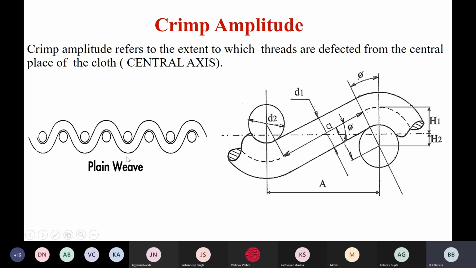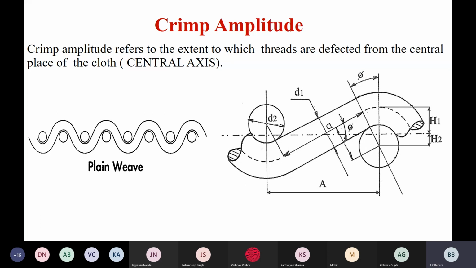Another example in this diagram, you can better understand. If the crimp is more and I want to compress this cloth, compression means reducing thickness. When we try to find out the compressibility of a cloth or any structure, we apply a load in the thickness direction and see how easily the thickness reduces.